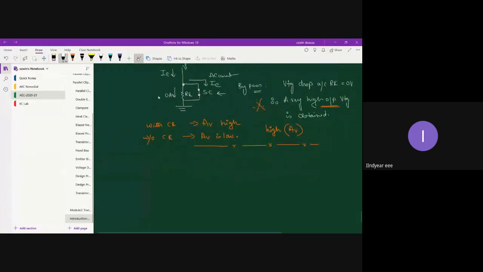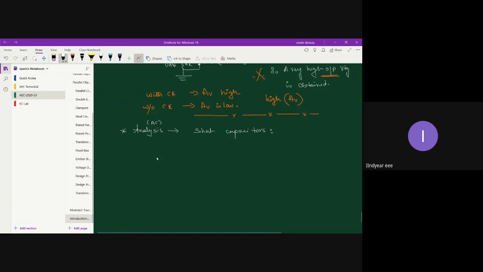Okay, now let us go to the circuit analysis. In the analysis part, you have to short circuit all the capacitors, because the analysis is purely AC. So when we short circuit, what will happen to your voltage divider bias circuit? This is your RE.